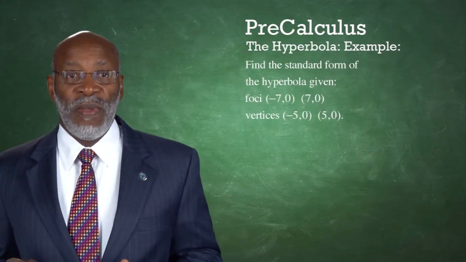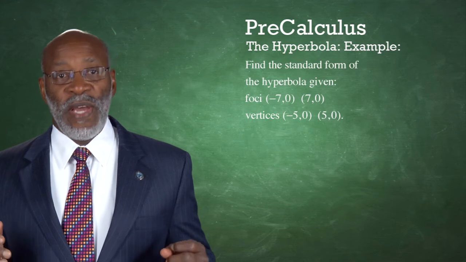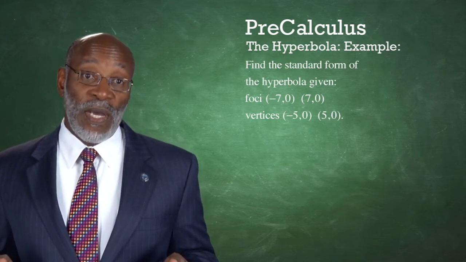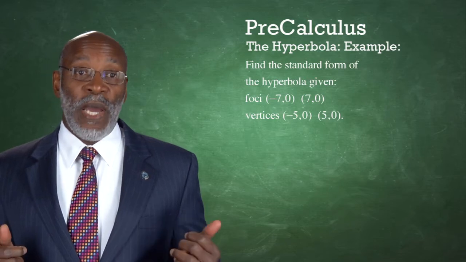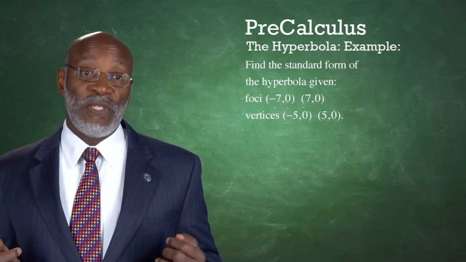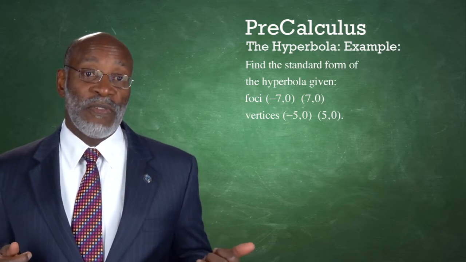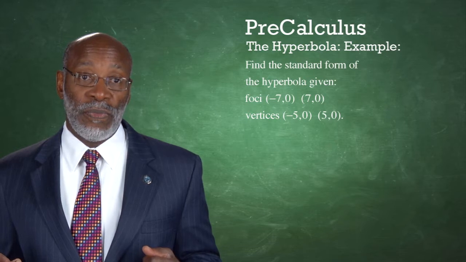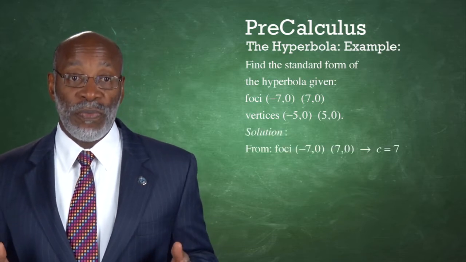Example. Find the standard form of the hyperbola given that the foci are the points (minus 7, 0) and (7, 0), and the vertices are the points (minus 5, 0) and (5, 0). Solution.